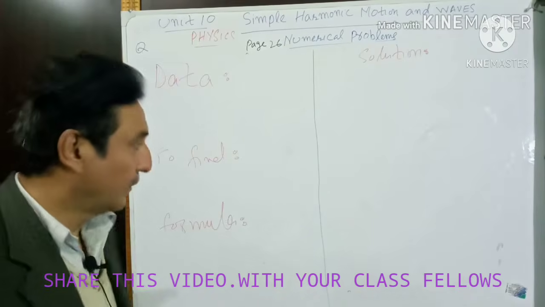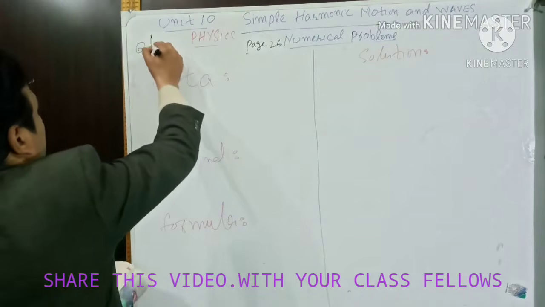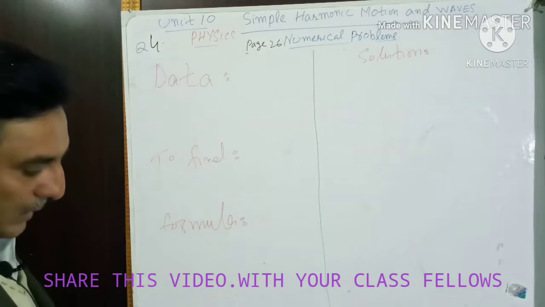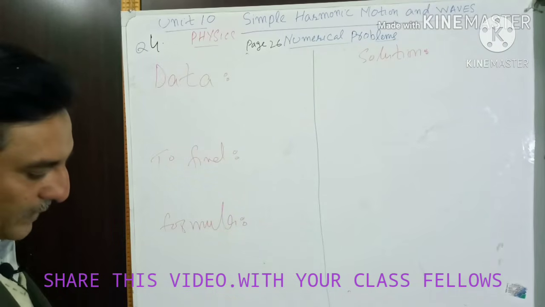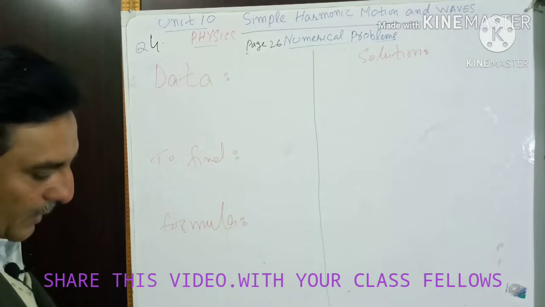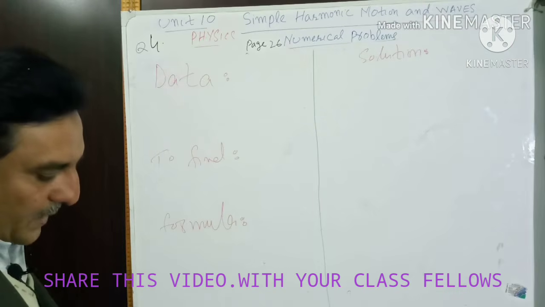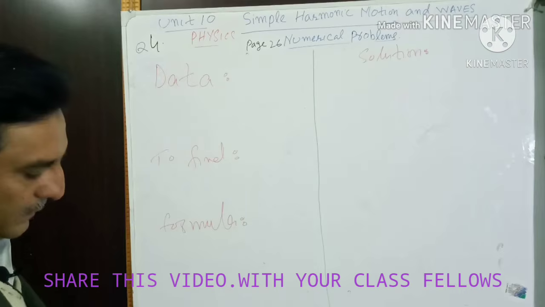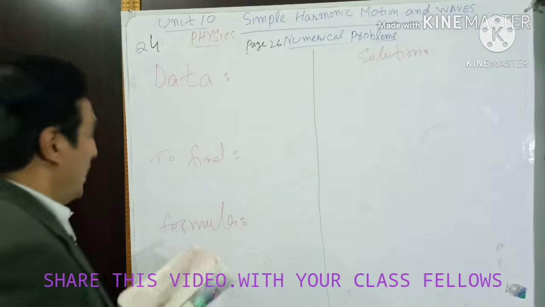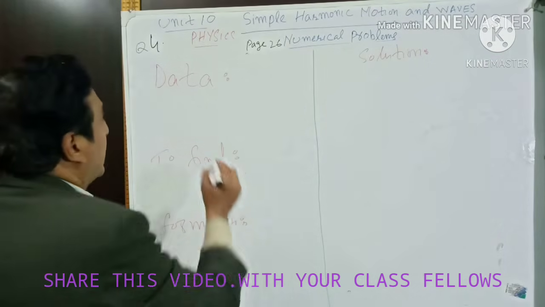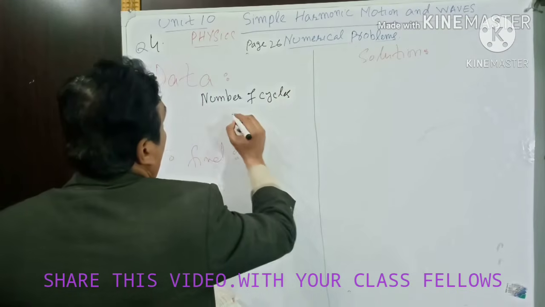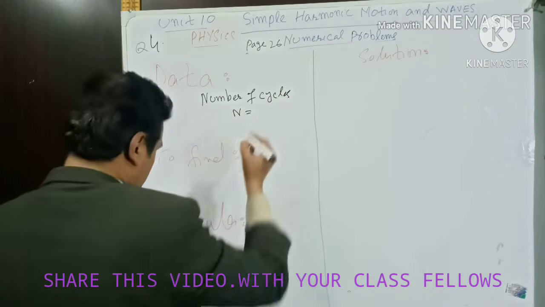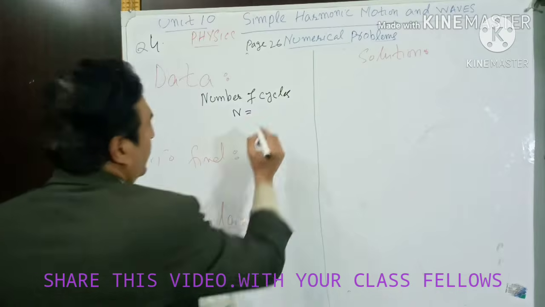Now solve question 4. Calculate the period and frequency of the propeller on a plane if it completes 250 cycles in 5 seconds. Number of cycles, n is equal to 250.